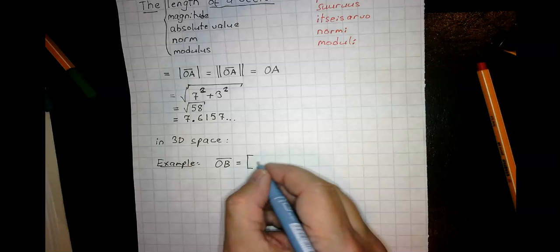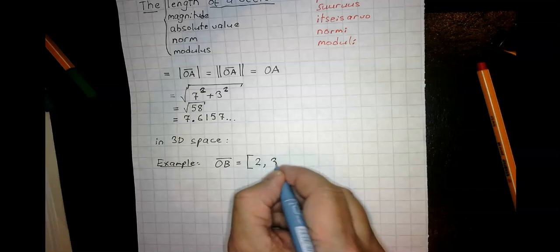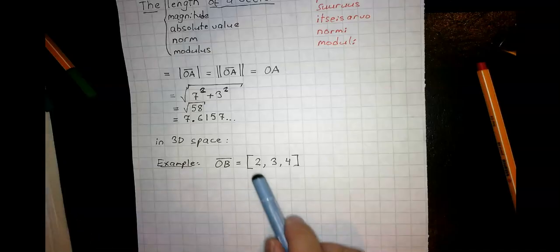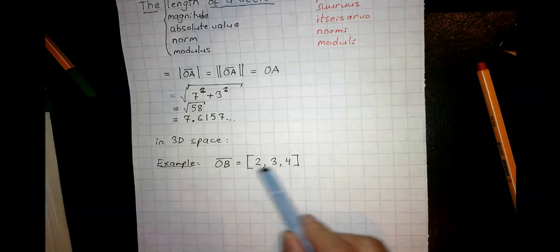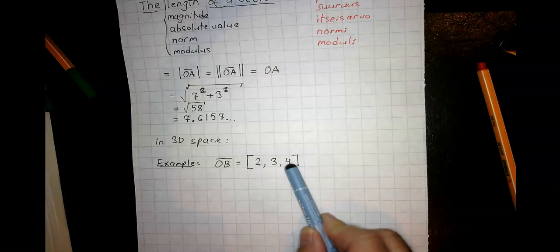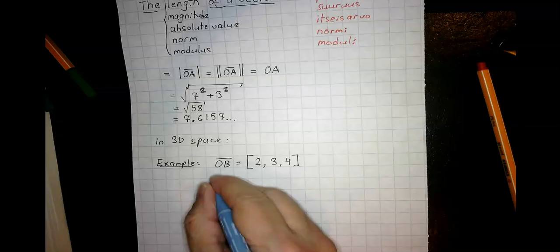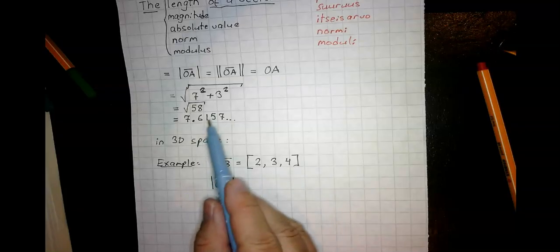There are, for example, 2, 3, and 4 the coordinates of the point B, x, y, z coordinates, and the length of this OB we can calculate in a very similar way.